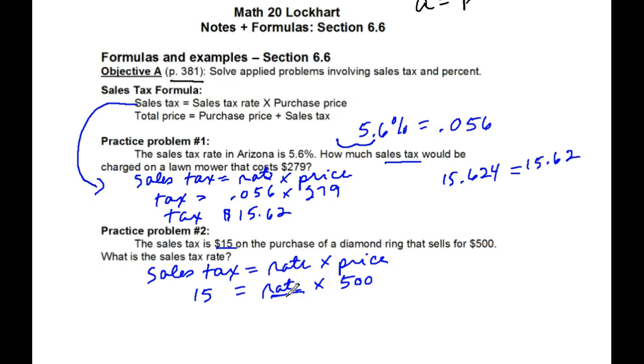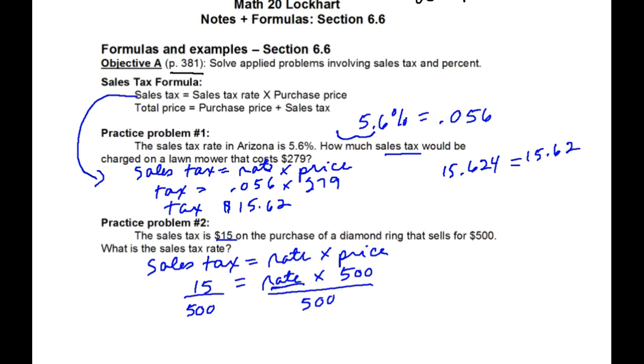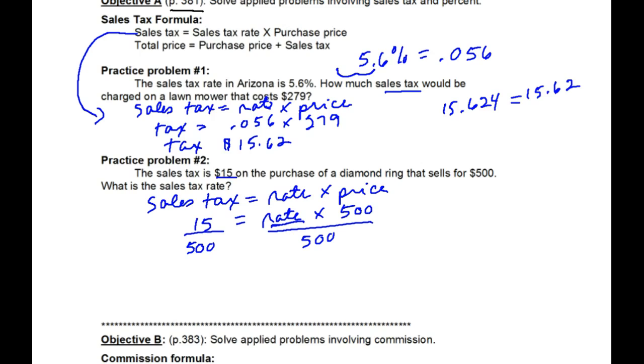See, we have the 500 multiplied by the rate, so in order to solve, we'll divide both sides by 500. Please do show your work in this way, because it shows that you have an understanding of the basic equations that we're working on. That's one of the most important aspects of this class. When I divide my 500s off of the right side, I get the rate.